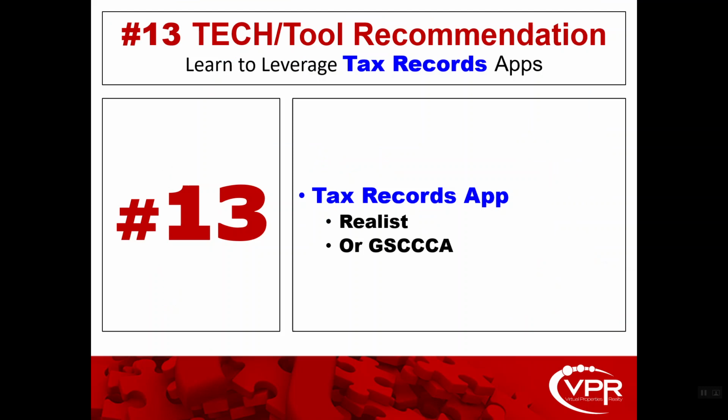So then we need to go to GSCCCA, the Georgia Superior Courts Cooperative Authority. It's a syndicate of all the courthouses in the state of Georgia that joined this software program. And then you can get a lot of stuff, even lien information, and you can always get a really good copy of the warranty deed and the legal description there.